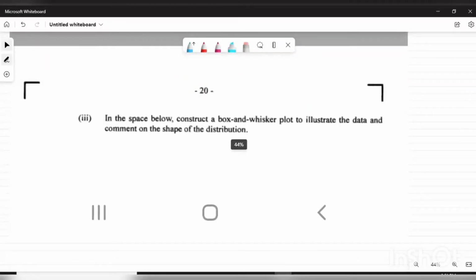You need Q1, which is 10, Q2, which is 21.5, Q3, which is 31. We need the lowest, which is 2.